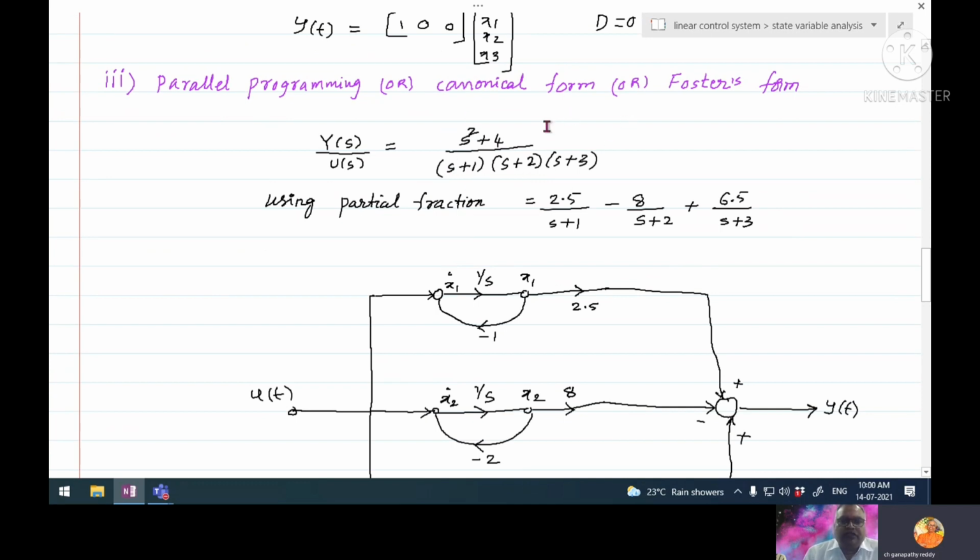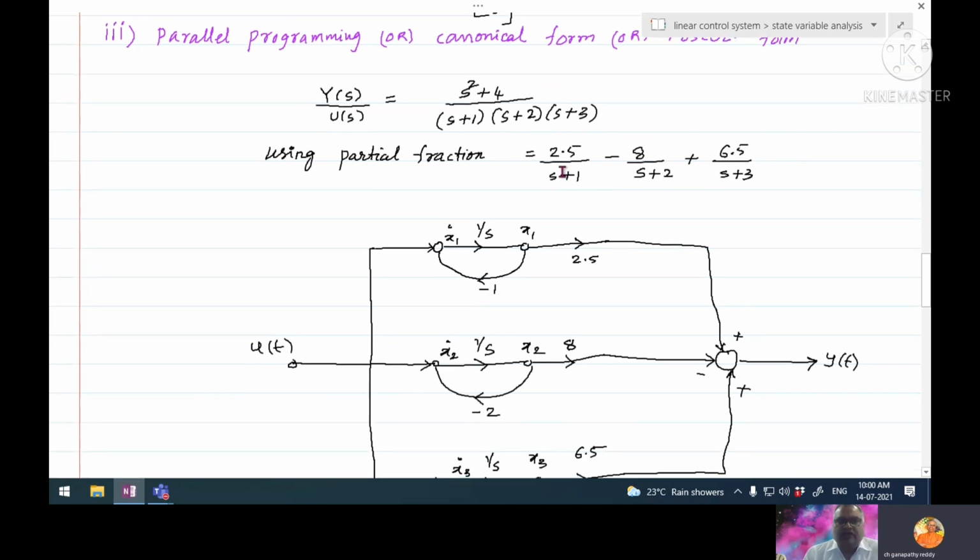When the problem is given in this form, with s plus 1, s plus 2, s plus 3, we can expand using partial fractions. How do you write the partial fraction? A/(s+1) plus B/(s+2) plus C/(s+3). Earlier we discussed many times how to find A, B, C. Using that you will get this, so the ready-made answer is given.